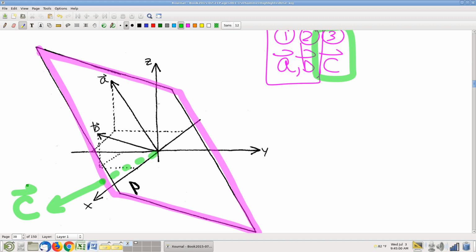And now look at my thumb with my left hand. It is pointing on the same side of the plane as the C vector. So roughly speaking, right-hand order and left-hand order are opposites of each other. Everybody see that? Okay.